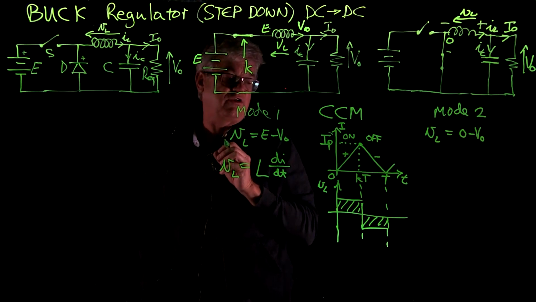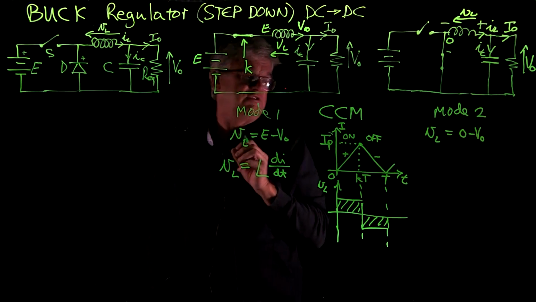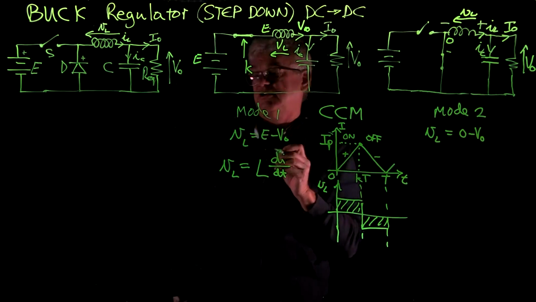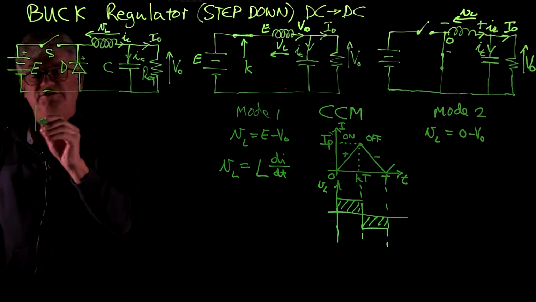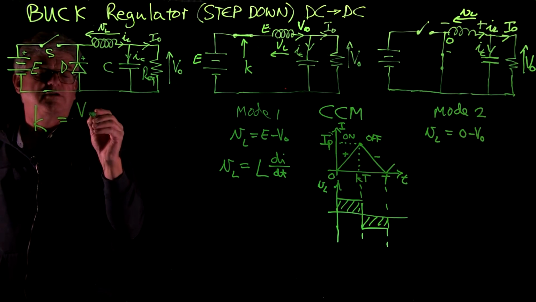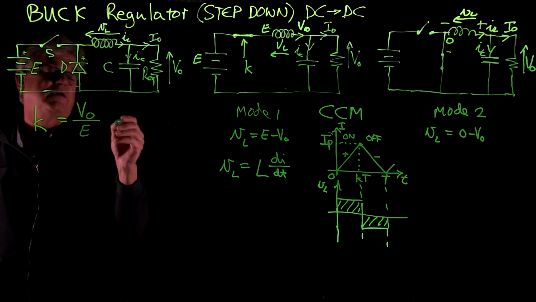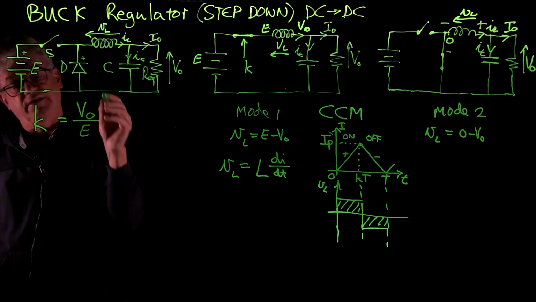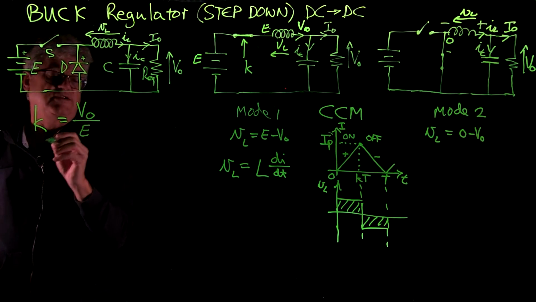Now the duty cycle of the switch, K, is equal to V out over E in the case of the buck regulator.